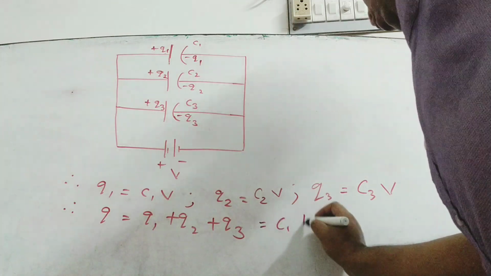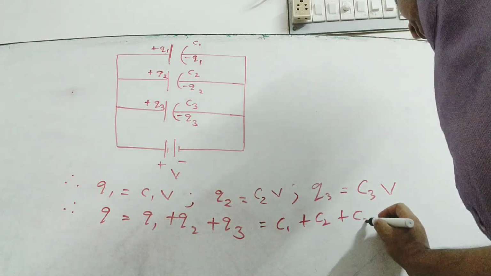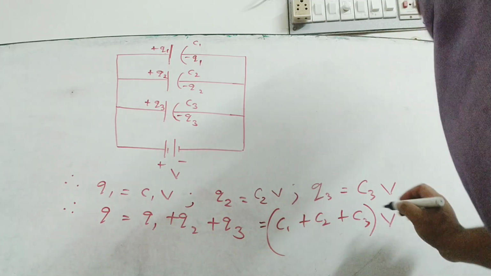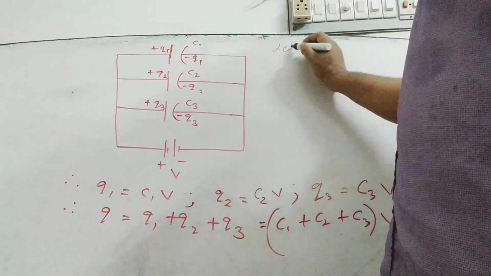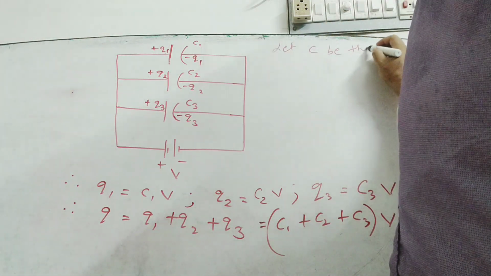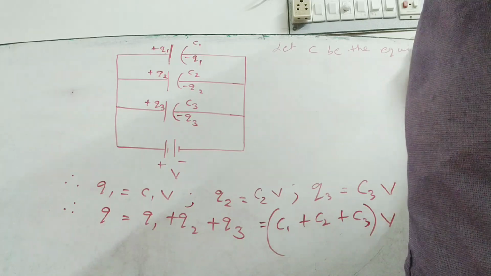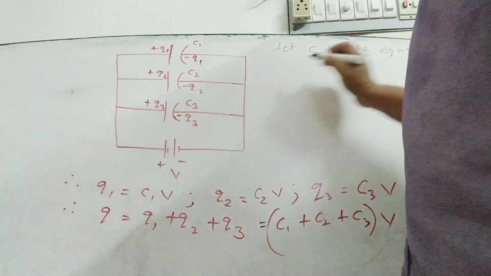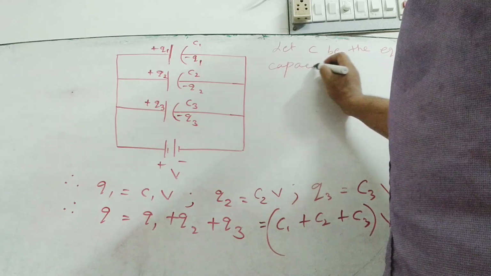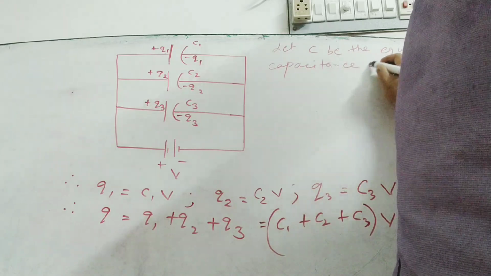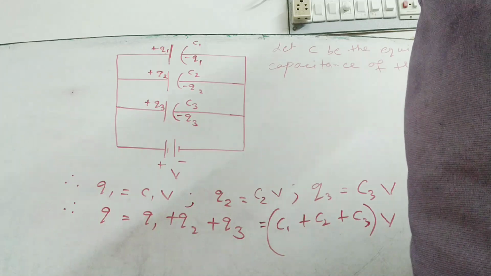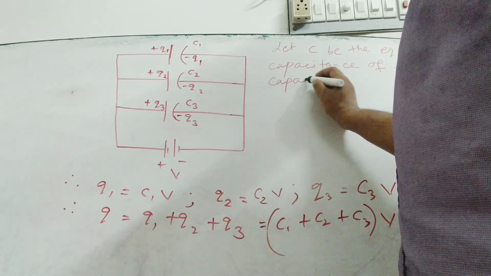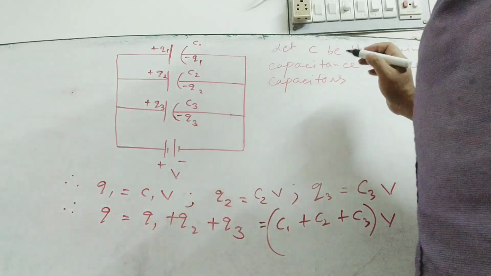This is equal to C1 plus C2 plus C3 whole multiplied by V. Let C be the equivalent capacitance of the capacitors.